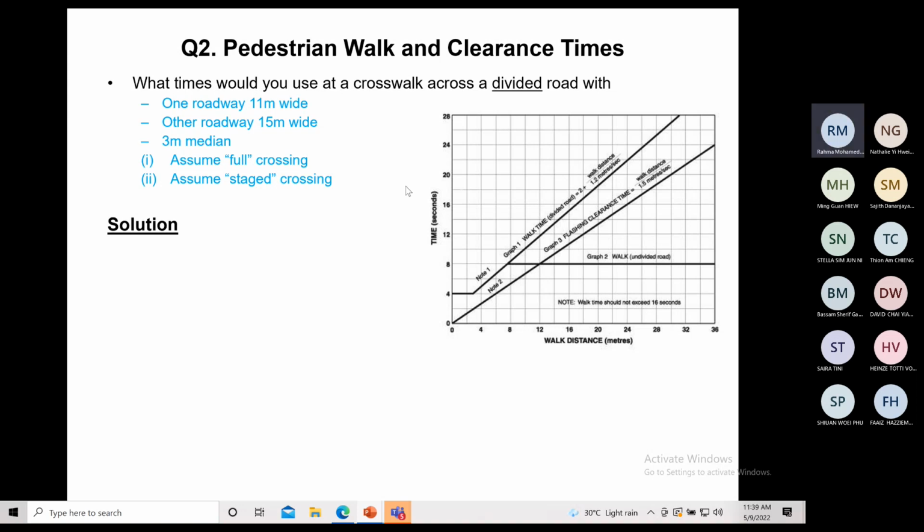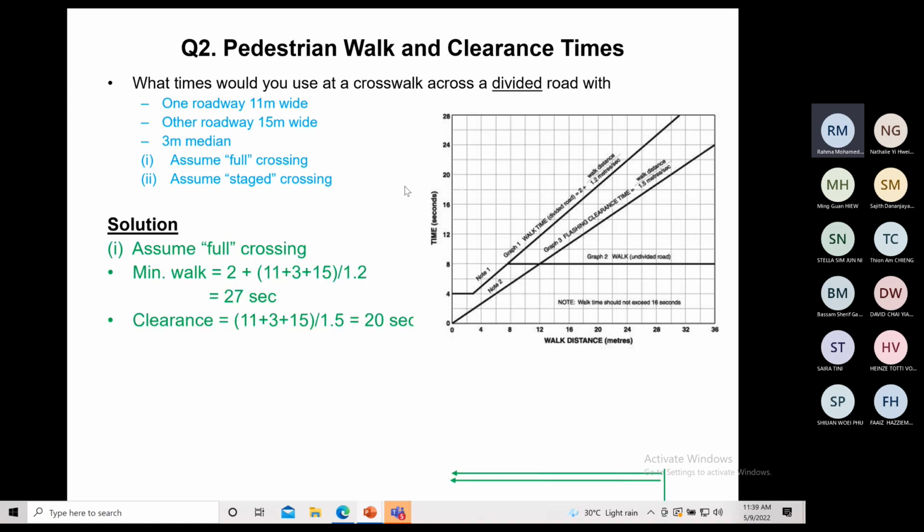So if you assume a full crossing, the minimum walk time for a divided road is 2 plus walk distance divided by 1.2. So you will be walking through the whole 29-meter wide road, then you divide by 1.2, and you'll get about 27 seconds.